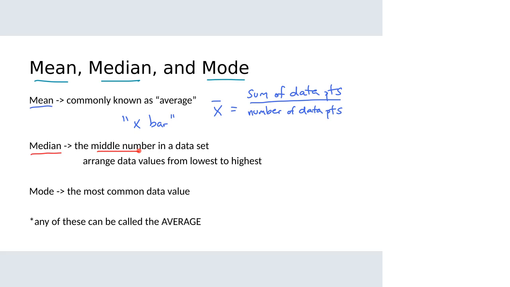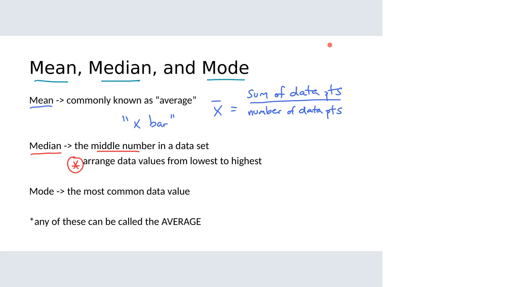The median has a specific meaning. It's the middle number when we arrange the data set from lowest to highest. So before we find the median, we're going to arrange the data set from least to greatest, and then the one that's in the middle is the median.